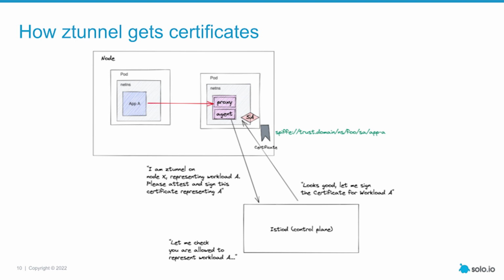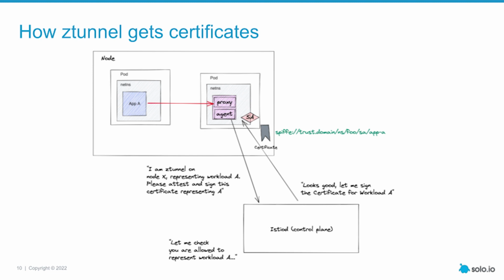But in the ambient mode, the workloads don't have a sidecar, they don't have an agent that runs with them. So that process actually happens in the Z tunnel now. The Z tunnel will say, here, this is my identity token, service account token, when it calls the Istio control plane.